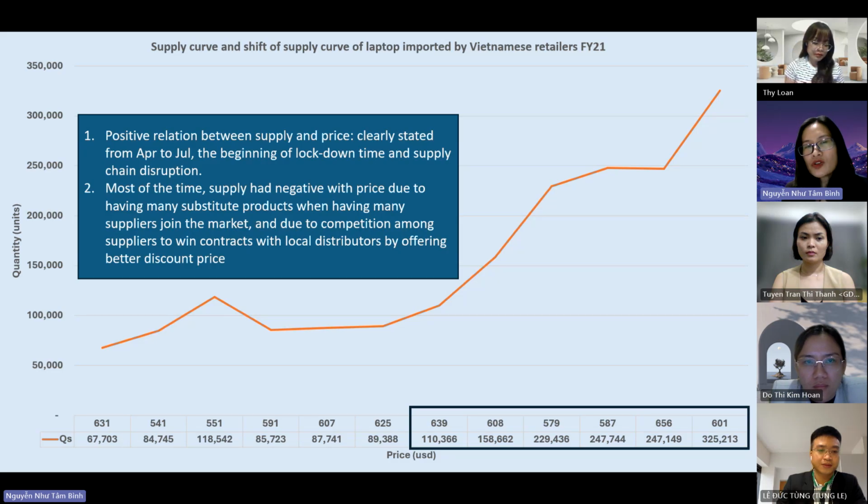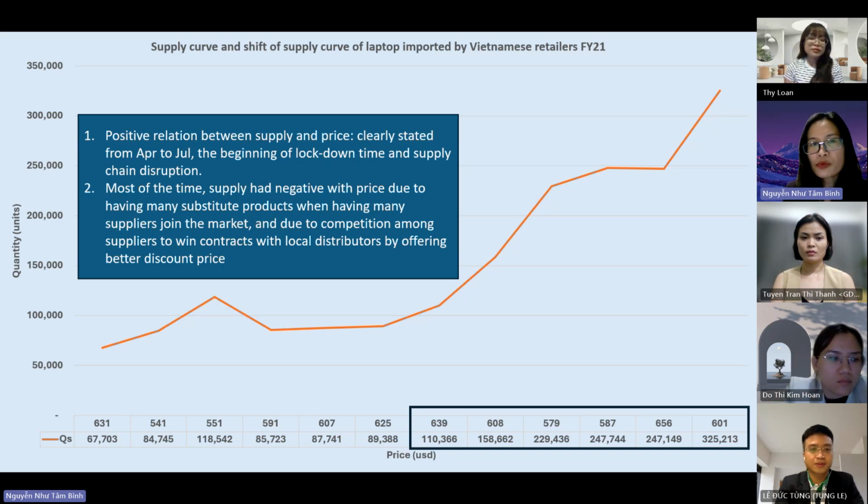So here we can have 3 conclusions. The first is that a positive relation between supply and price clearly stayed from April to July, at the beginning of lockdown time and supply chain disruption. But most of the time, the supply had a negative relation with price, due to having many substitute products, with many suppliers joining the market and competing to win contracts with local distributors by offering better discount prices.